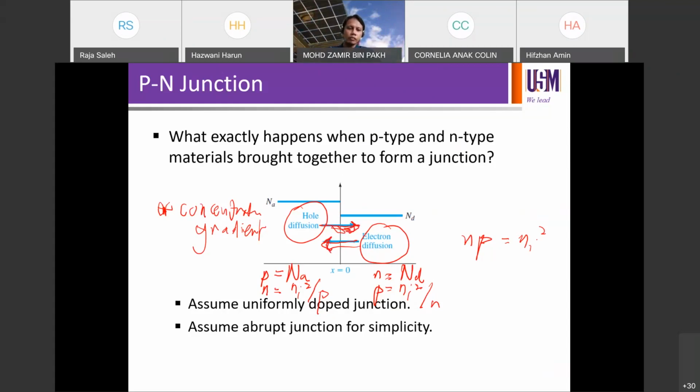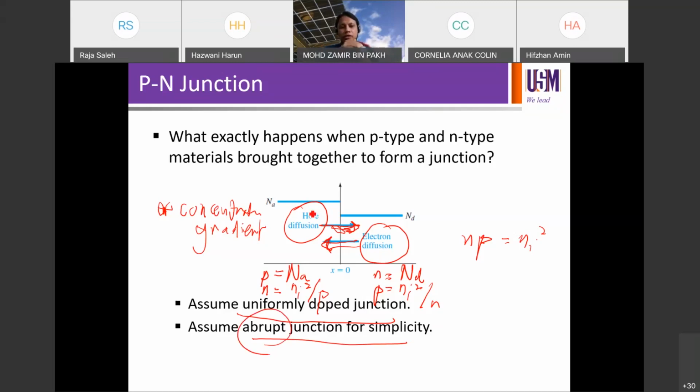Okay. So in our case, for simplicity, we assume that the junction is uniformly doped. But in real cases, we may have cases where the junction is not uniformly doped. But for the sake of learning the theory behind the fundamentals, we'll only assume that the junction is uniformly doped. And we'll also assume that the junction is abrupt in nature. Abrupt means there is a sudden change.